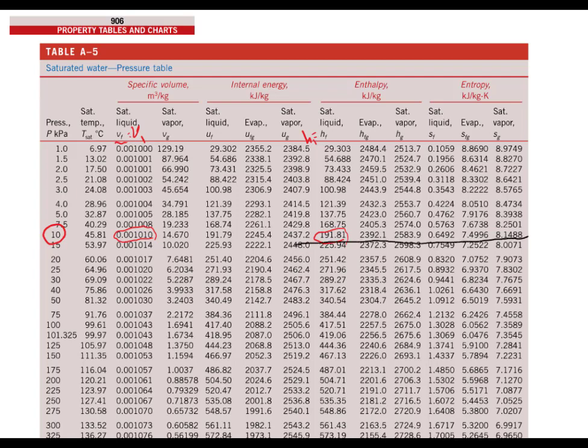So we need to use this information in this table, the entropy and enthalpy. First, we need to use these entropy values for this pressure for the saturated water to calculate x. Then by using that x, we can calculate the h according to the equation which I showed you, and also we will go back to those equations. So let's go to the equation, substitute these values which we have for s and h, then find x, and finally find the enthalpy or h for state 4.